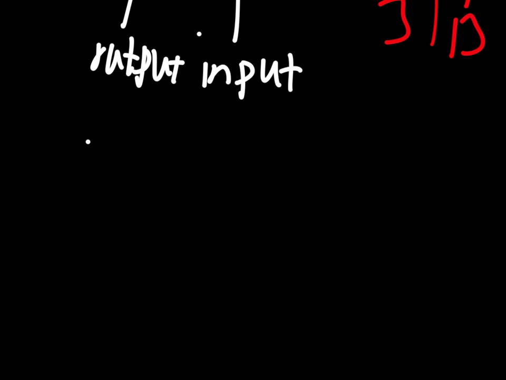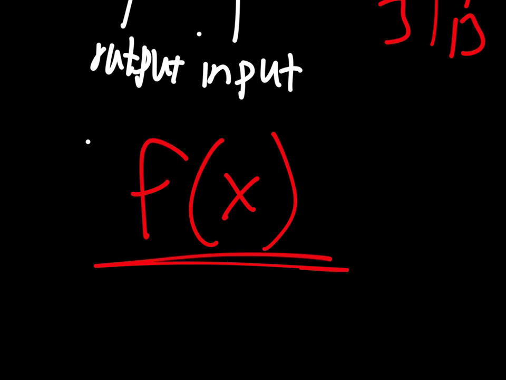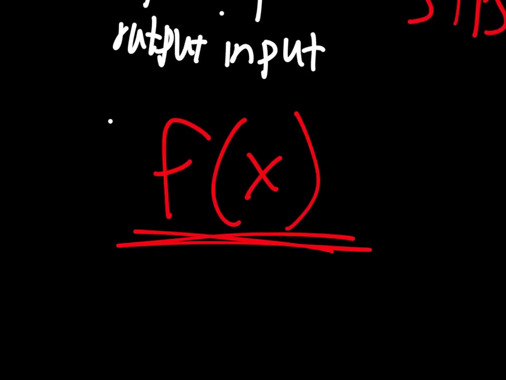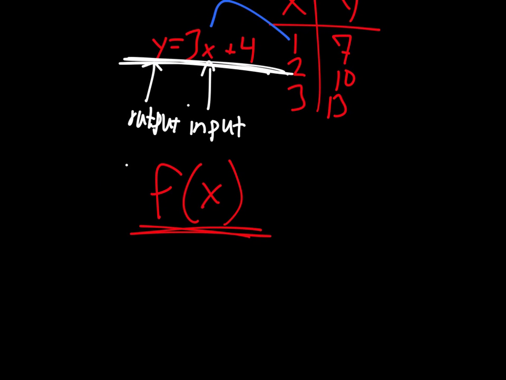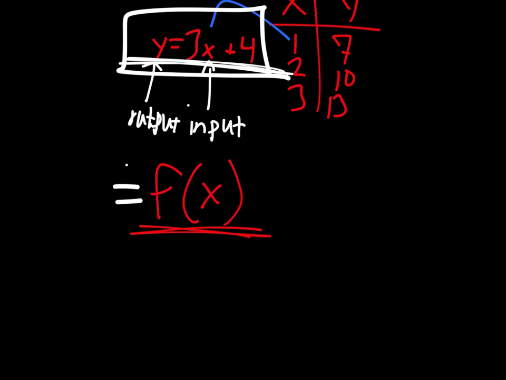So step by step, we have the notation for a function, which looks like this. f of x is a function, okay? Now, the way we can rewrite it is, think of it this way. You see our y equals 3x plus 4 up here? Think of it as this. y is the exact same thing as f of x.